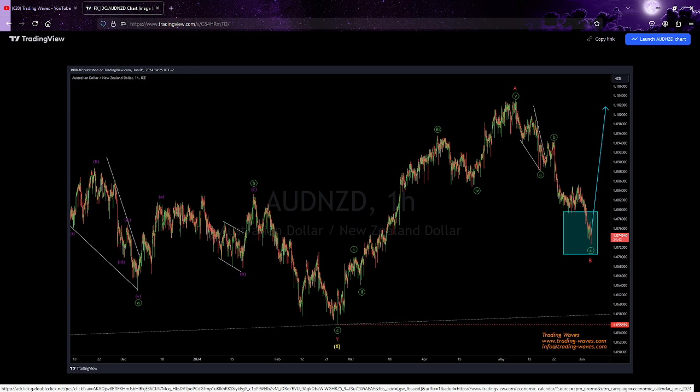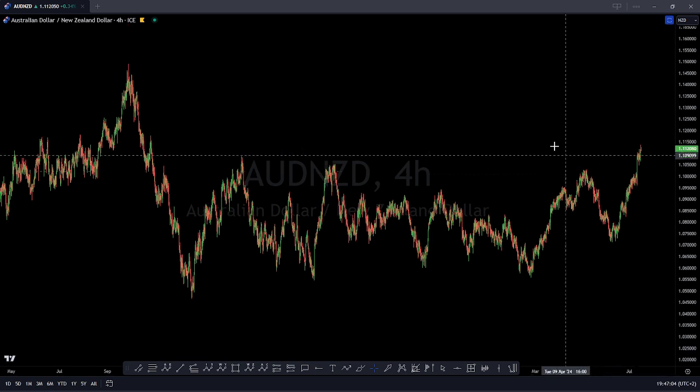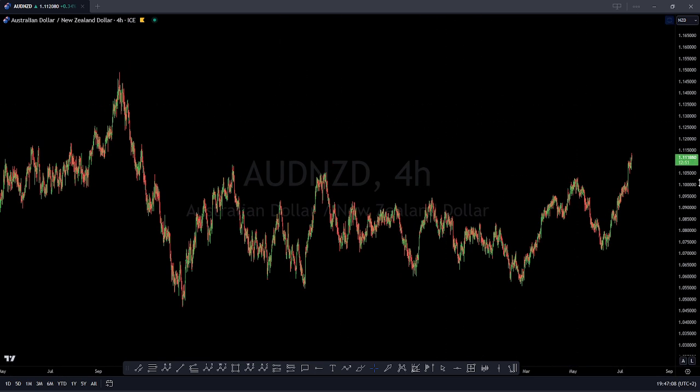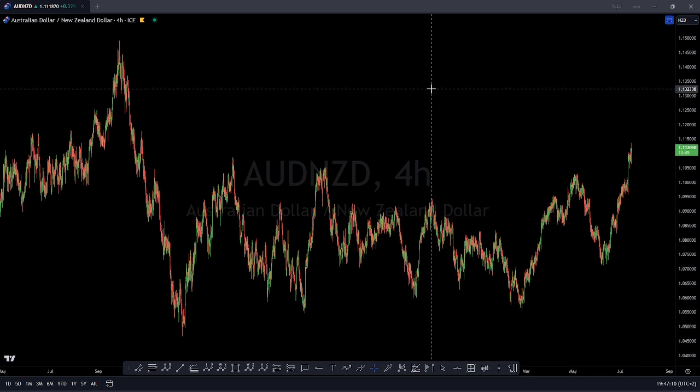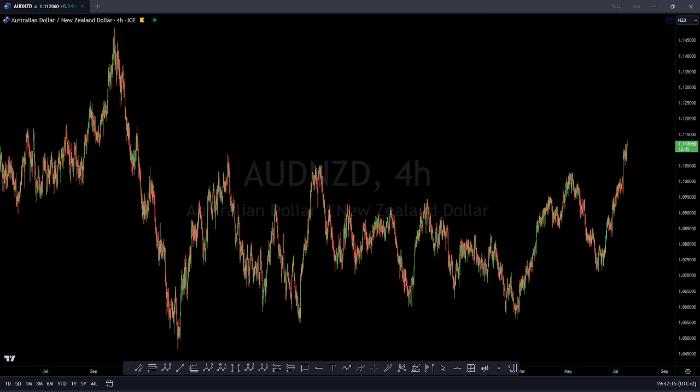Now, I'm going to jump into the chart and see how this has traded. But before I do that, I'm going to show you the 4 hourly time frame. I'm just going to keep it here. If you look at Audi New Zealand, it has made a very nice impulsive move to the downside. Whatever is happening around this area, we are in a correction.